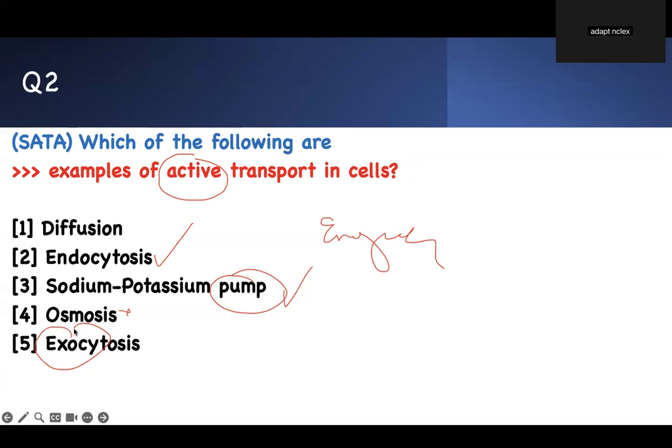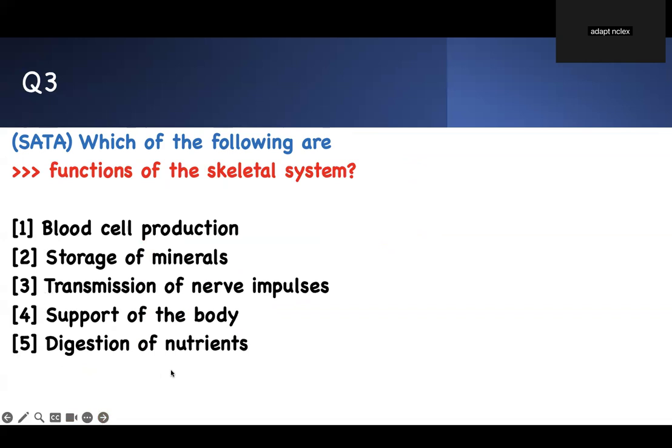Exocytosis is the cells trying to get rid of chemicals. You need to use energy to remove them out of the body. So endocytosis, sodium potassium pump, and exocytosis are all energy processes. That's what the question is asking you. So those are active transport.